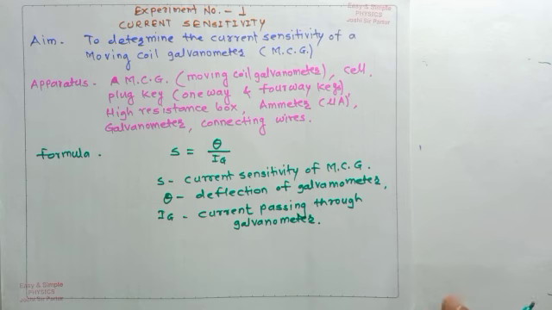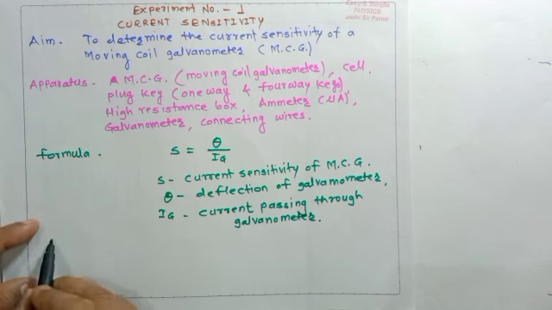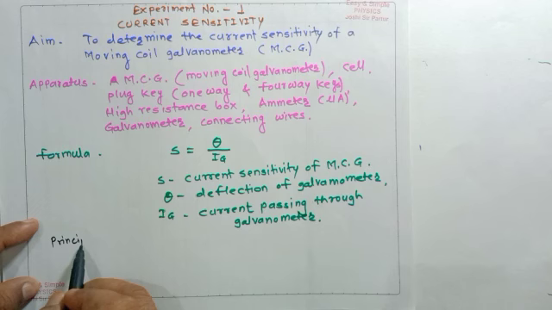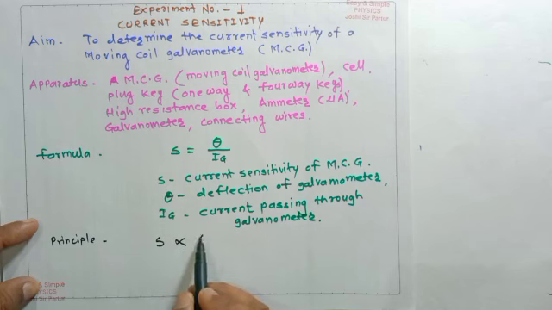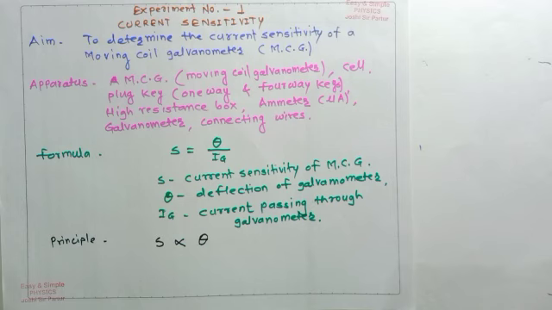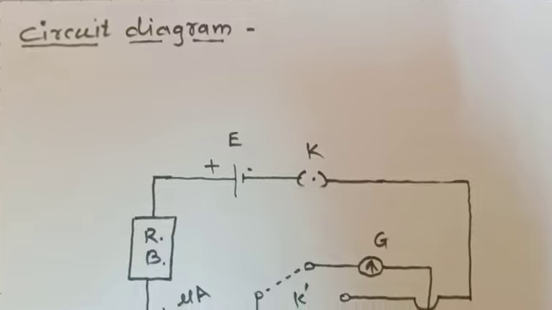The principle used in this experiment is that the sensitivity of a moving coil galvanometer is directly proportional to the deflection. Let us see the circuit diagram.